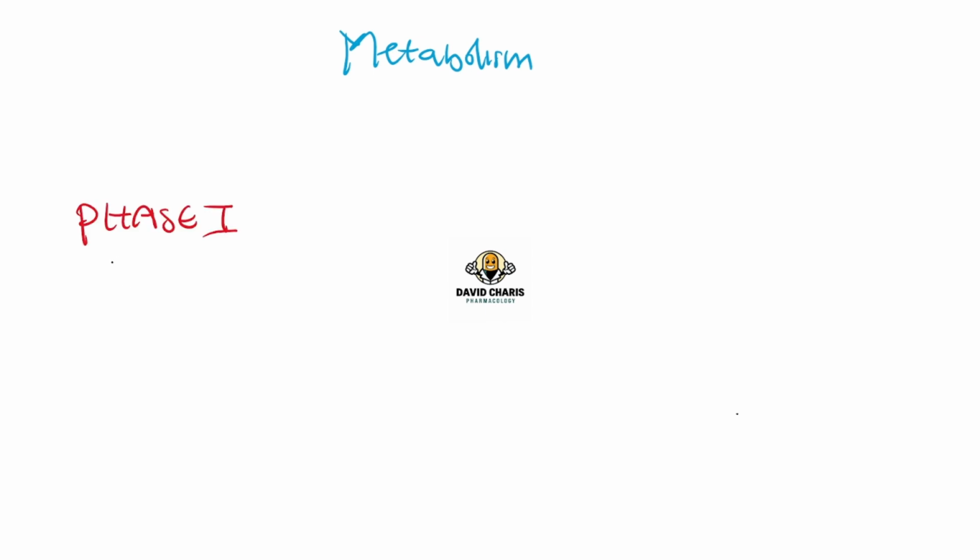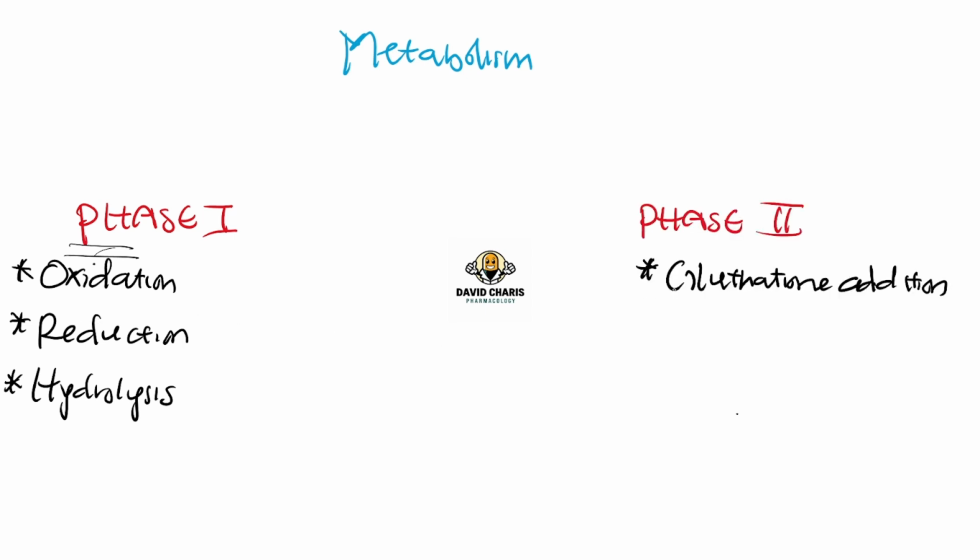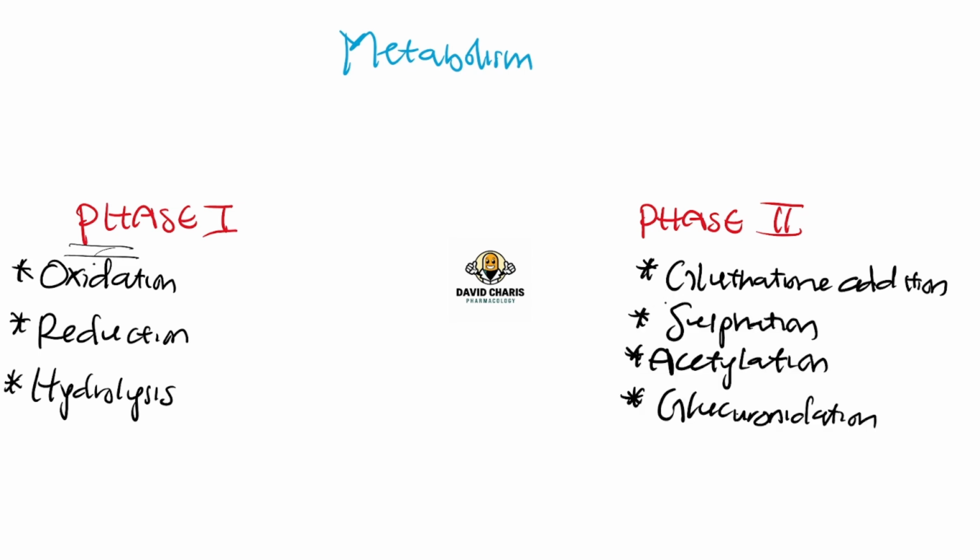And we are going to be looking at the metabolism of drugs in two phases. We have phase 1. Phase 1 has processes such as oxidation, reduction, hydrolysis, and other forms of chemical metabolism. And we have phase 2. Phase 2 has processes such as glutathione addition, sulfation, acetylation, glucuronidation. We also have methylation and the like.